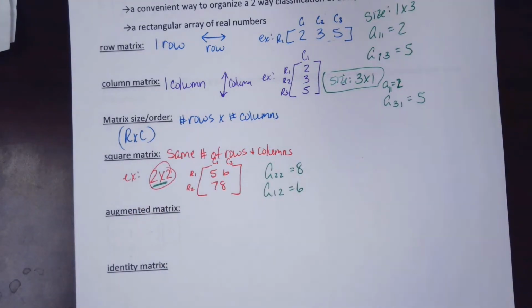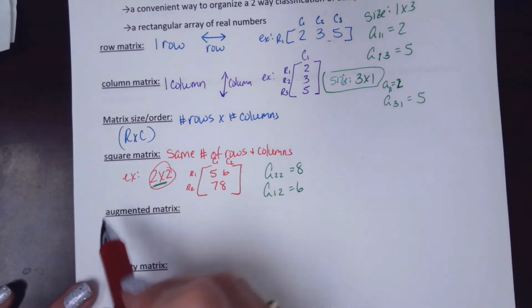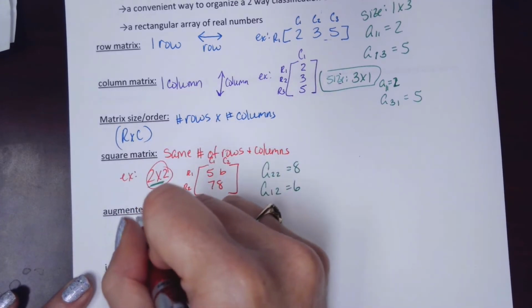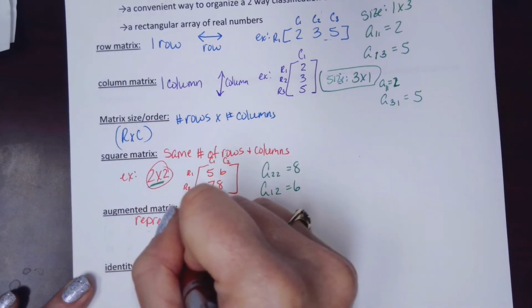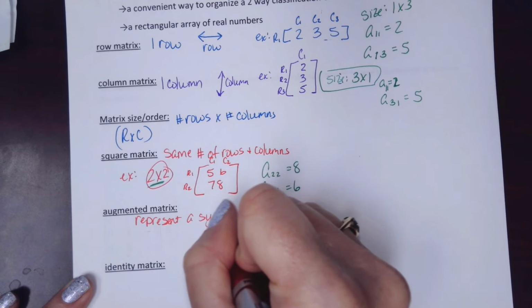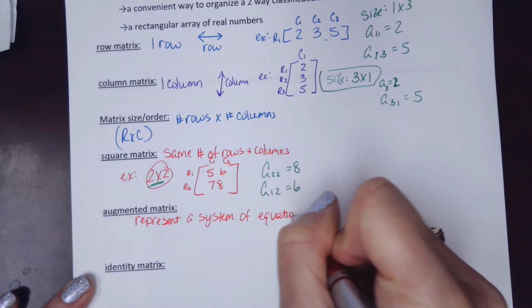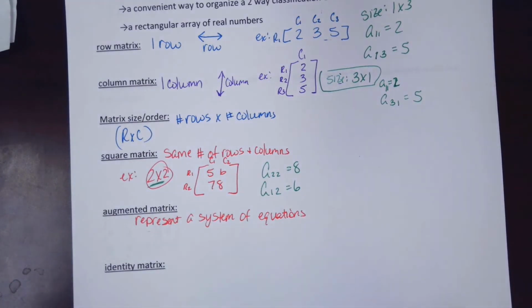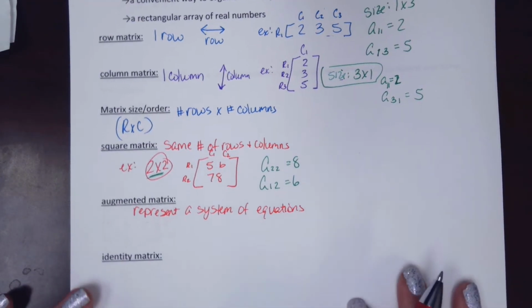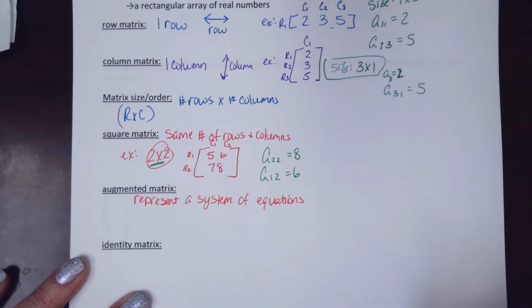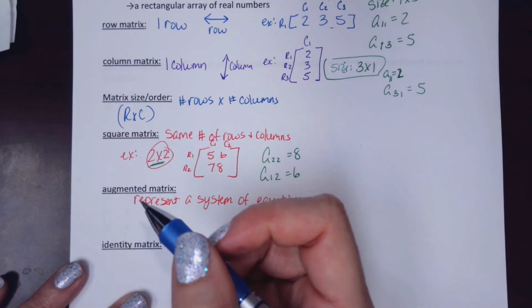Now, when I use a matrix to solve a system, I use an augmented matrix. This is going to represent a system of equations. I set it up so that there is one row per equation and one column per variable plus an augmented column for our constants that represent our solution.